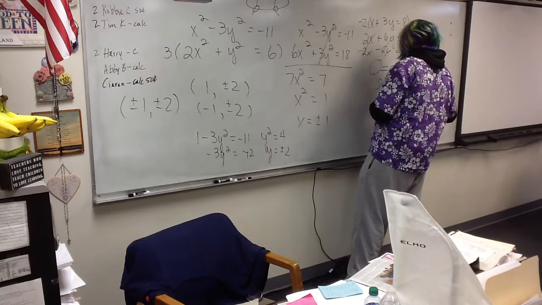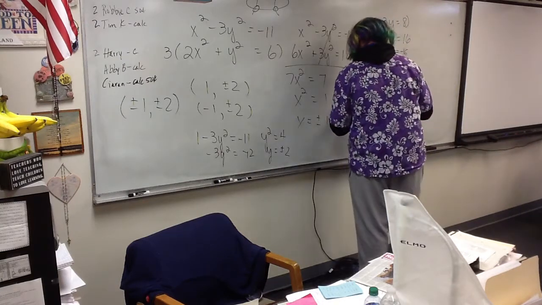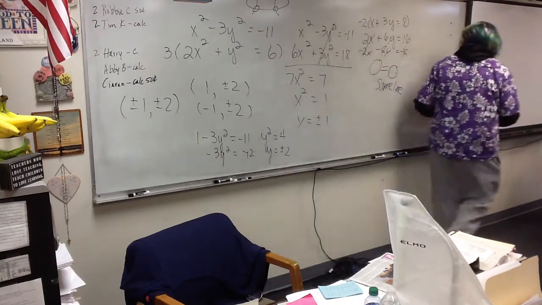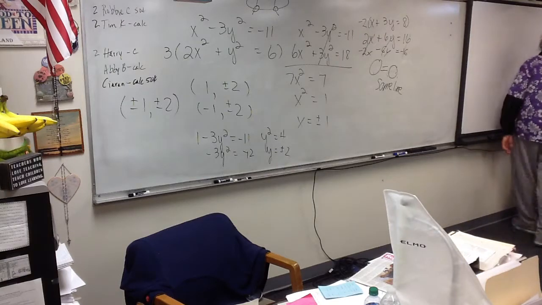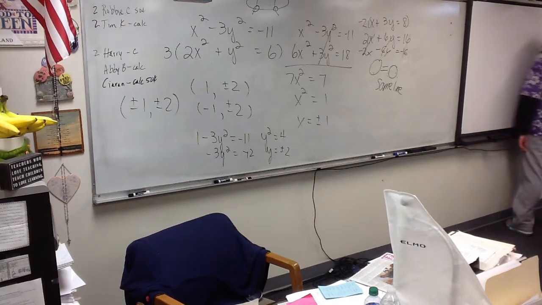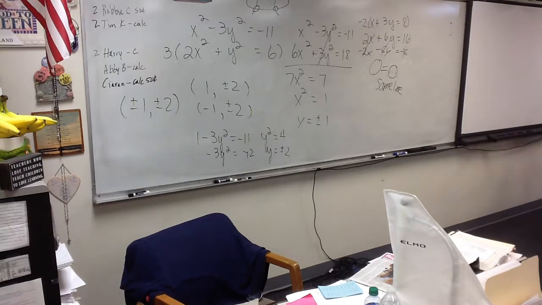Now, you need to understand the difference because this will happen. If you lose all of your variables, which both boys did, two things can happen. You can be left with a false statement, -8 equals 3. That's no solution. That doesn't even make sense.